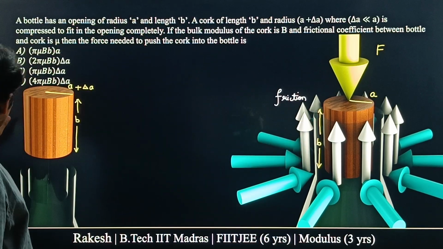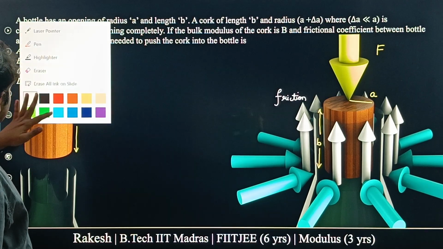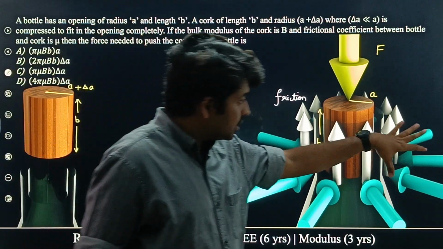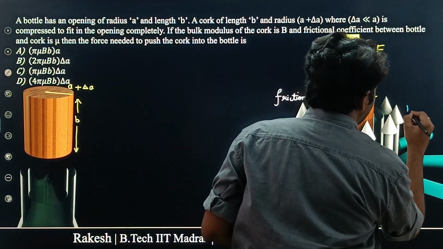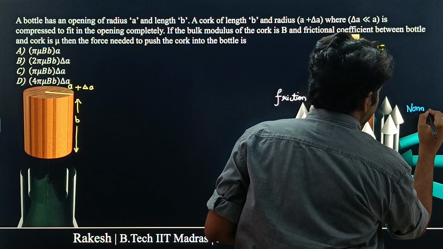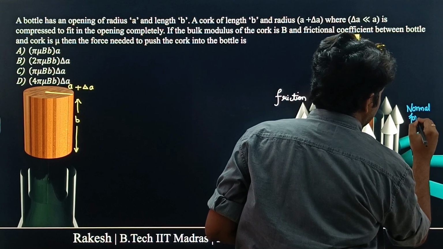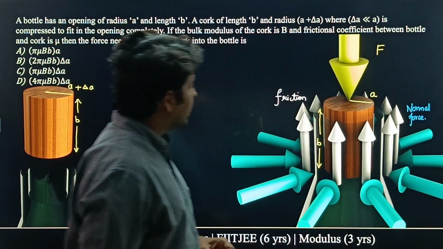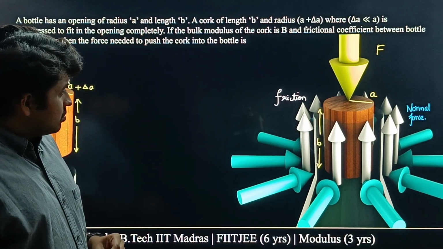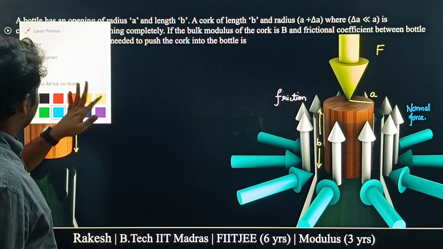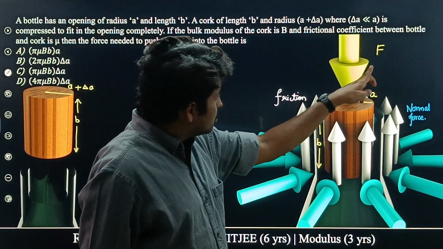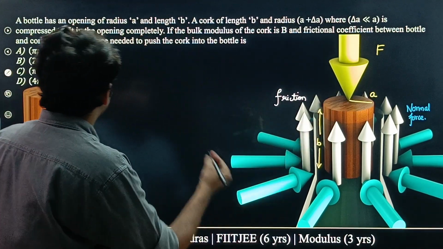Next, these blue arrows that you see, normal force. I'm just writing it here. This is the normal force. Now you see this force must be equal to friction. So I'm just writing that here.